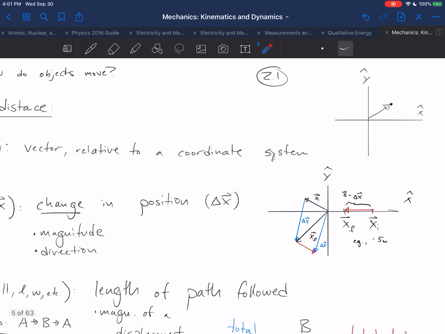And if I move the coordinate system around, this is important. If I shift the coordinate system over here or somewhere else, the location stays the same, but how that location is defined and the value it's given is going to differ. This is perhaps easier to see in one dimension.